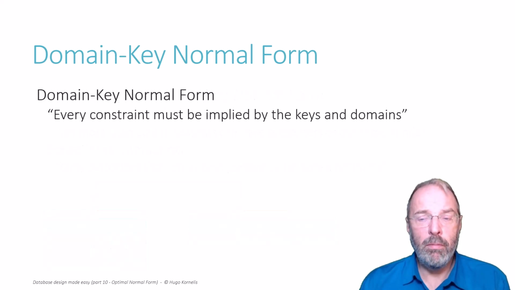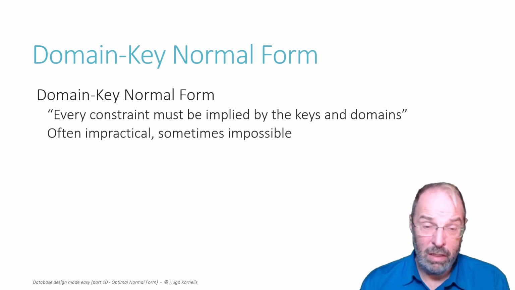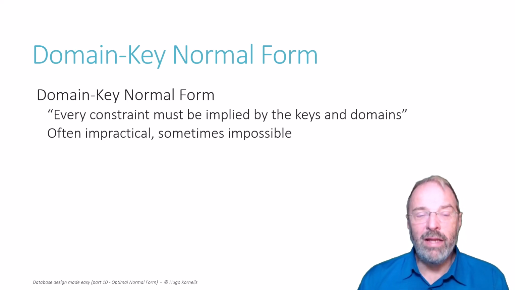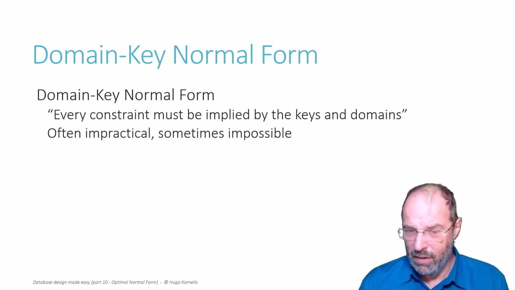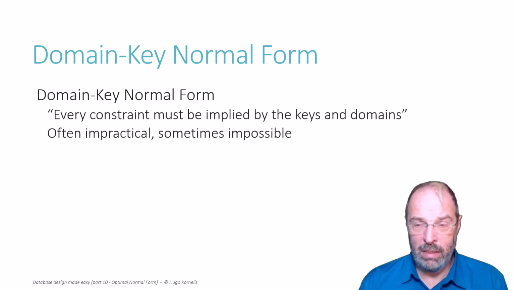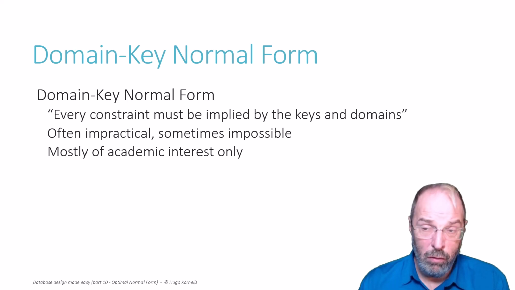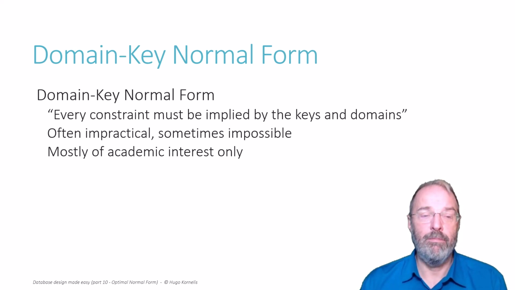Domain key normal form means that every constraint must be implied by the keys and the domains. We saw that this normal form is often impractical and sometimes simply impossible, even with the widened definition or interpretation of what a domain means. As such, I consider domain key normal form to be of academic interest only and not really of practical interest.